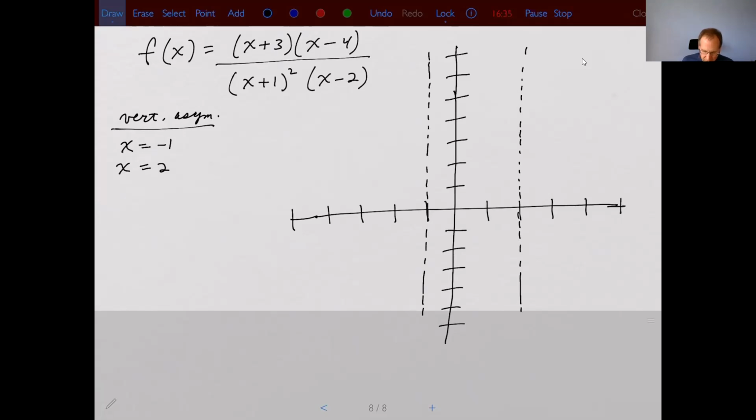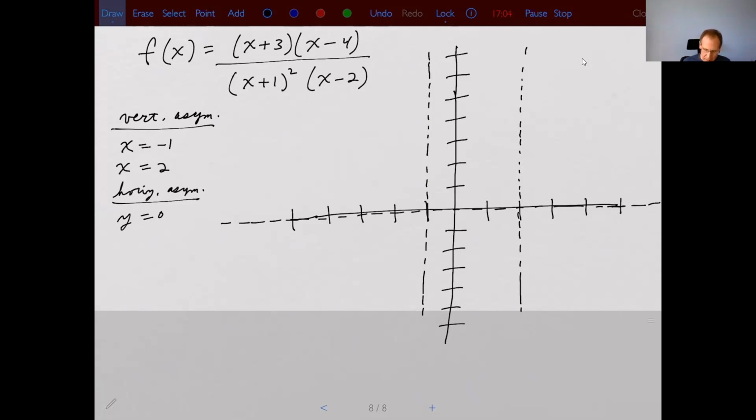Okay, what else do we know? Well, we know that there was a horizontal asymptote of y equals 0. y equals 0 is just the x-axis, right? So it's got to approach the x-axis as the input gets really, really large or really, really small.